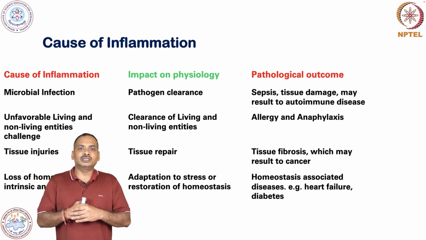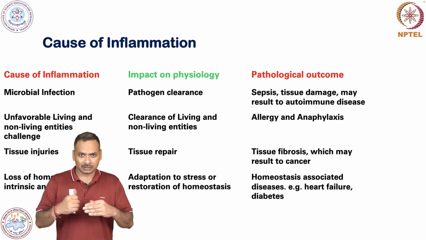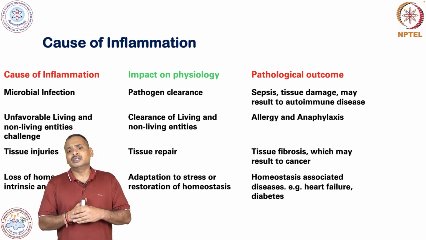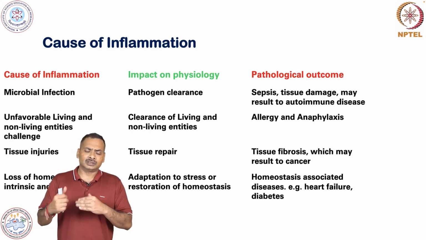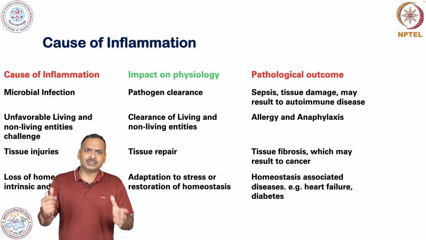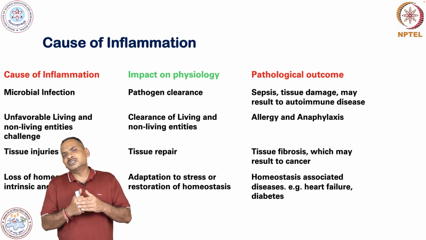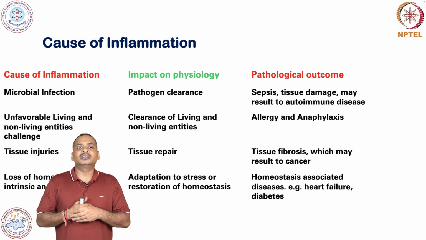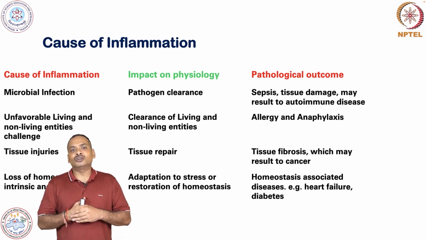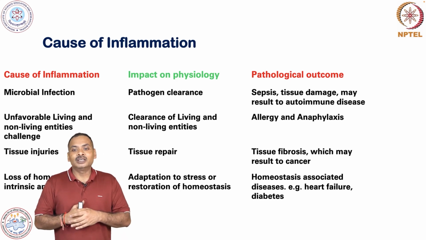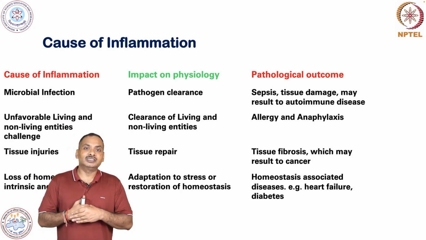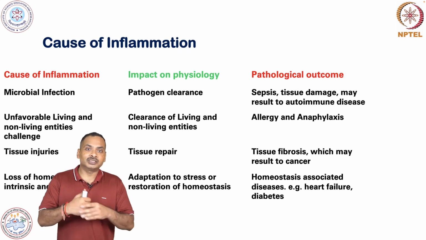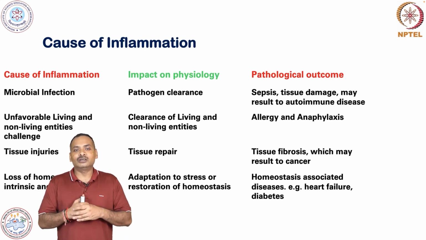So this is a physiological impact, but if it is not resolved, then that will cause a disturbance in homeostasis, and this persistent disturbance in homeostasis may result in some complicated consequences. For example, it will result in the development of metabolic diseases, like cardiac associated diseases, and glucose metabolism associated diseases like diabetes.